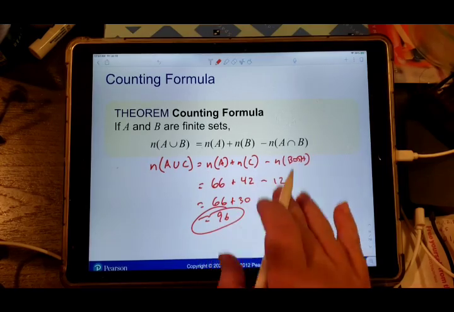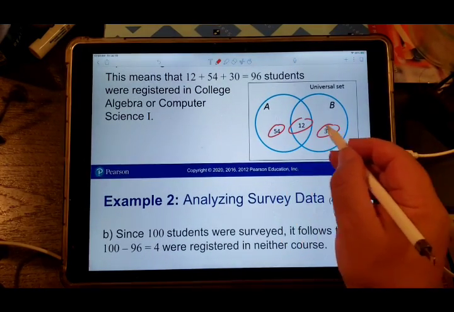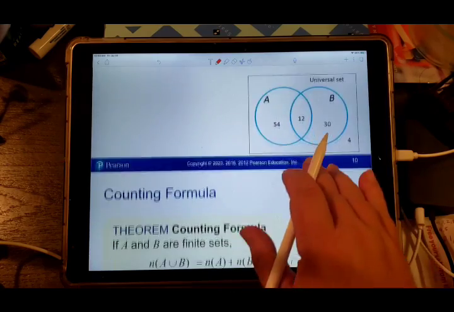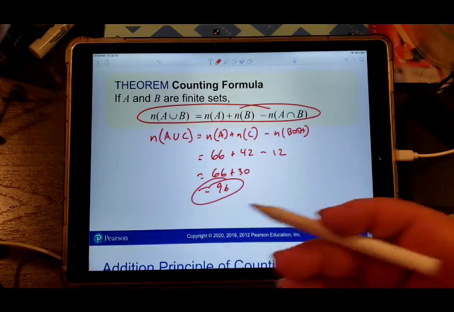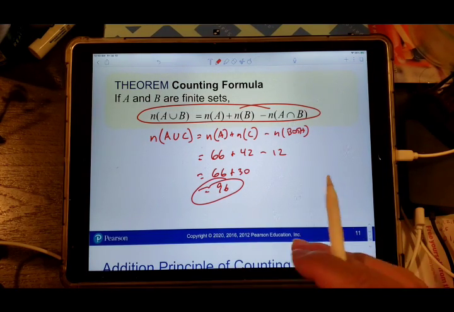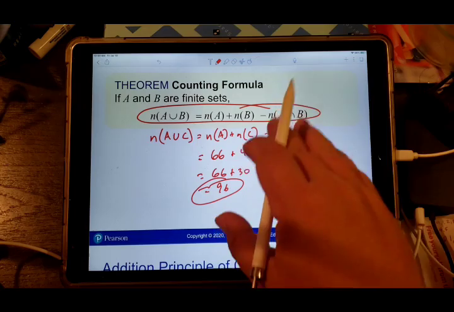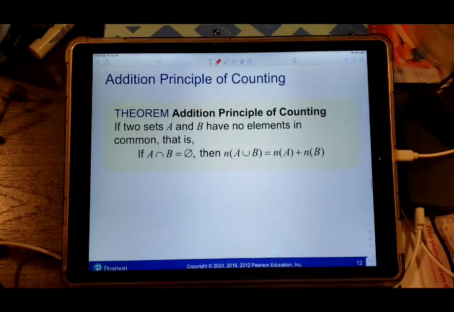The same 96 I got by adding these three numbers. So this can be a very powerful way of counting. Not our main way of counting, but just be prepared to do that if we had a problem.